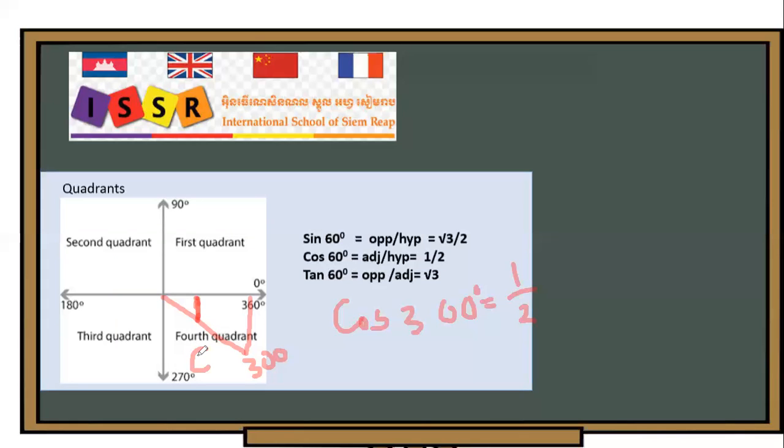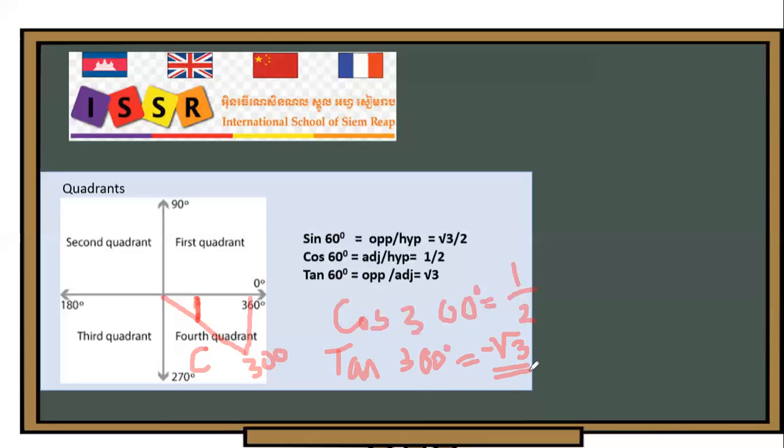The tan is negative. Therefore, tan 300 degrees is equal to negative root of 3. That's the answer. Is that okay? Thank you very much.